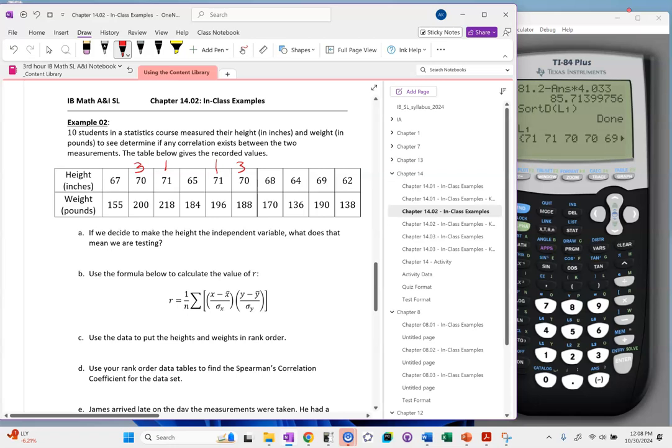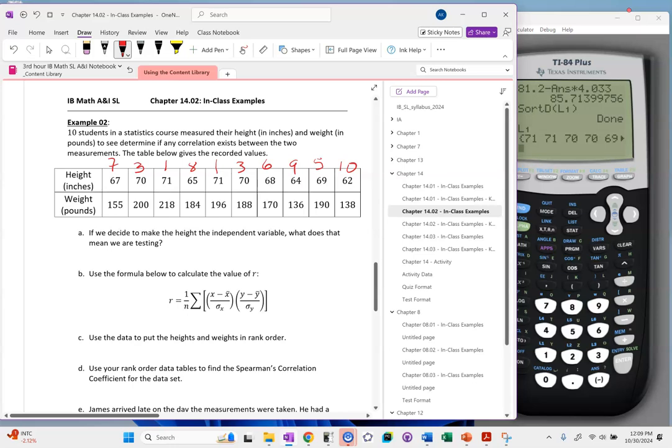So those will both be threes. And then 169, 168, 167, 5, 6, 7, 8, 9, 10.